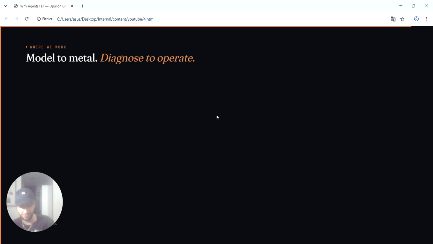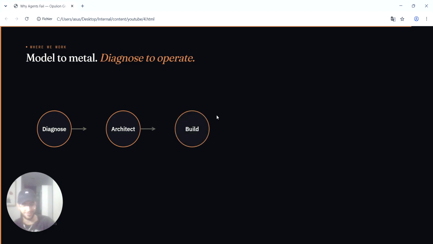So, model to metal, the whole stack, that's what I've been doing, top to bottom, across the entire life of a system, not just one slice of it, and across multiple industries. So what we do is diagnose it, architect it, build it, harden it, and operate it.